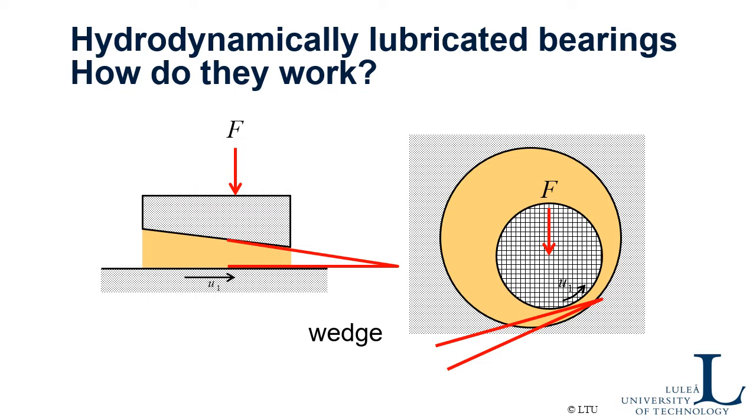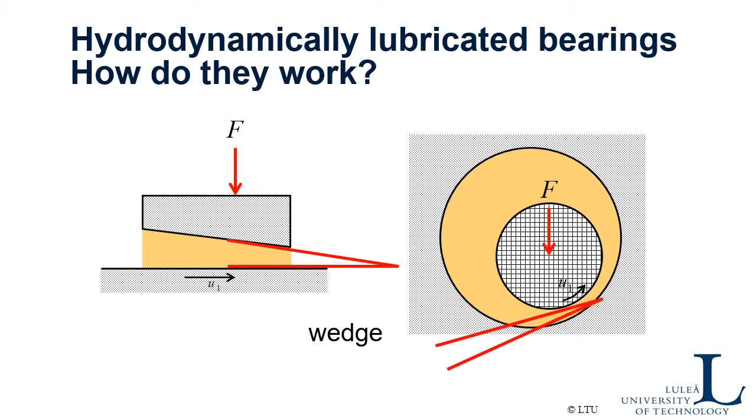In the journal bearing, the journal rotates in this direction while the housing is stationary. In both cases, if you follow the motion, you see that the film thickness, the distance between the two surfaces, becomes smaller and smaller in the direction of flow.